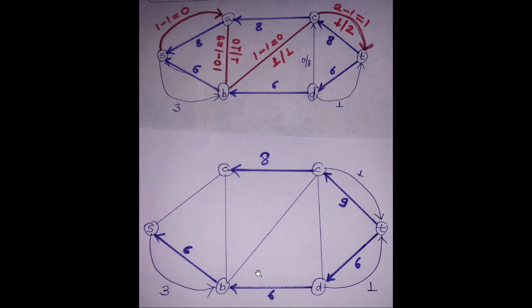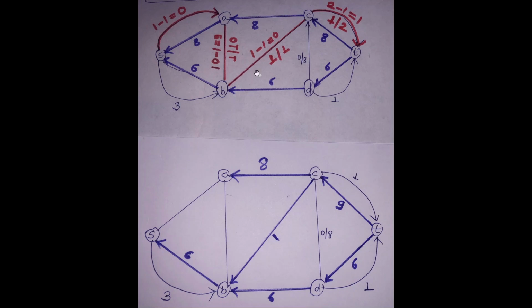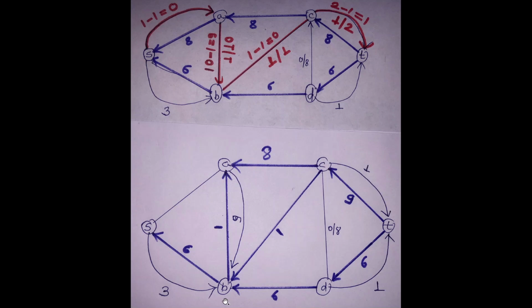Okay. The next is B to A. This is the reverse flow we have to draw. So here the reverse flow is 1 and forward flow is 9 still remains. Look at here. The reverse flow is 1, whereas A to B 9 flow still remains.